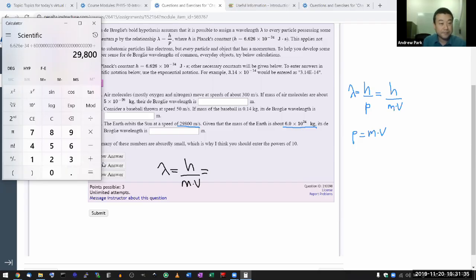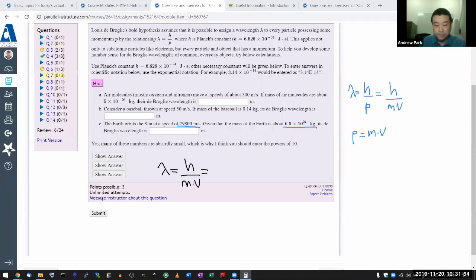It's pretty fast. All of that is equal to 3.71 times 10 to the minus 63. All right, let me plug in that number. Now, one thing that I hope you will notice before you fail too many times is that many of these numbers are absurdly small, which is why I'm not even bothering with the power of 10 here.